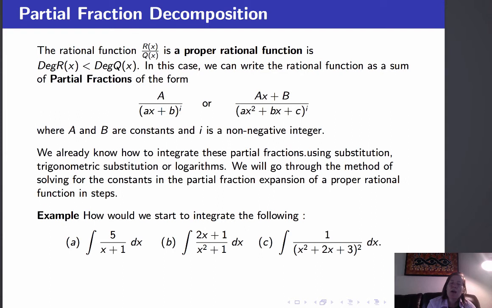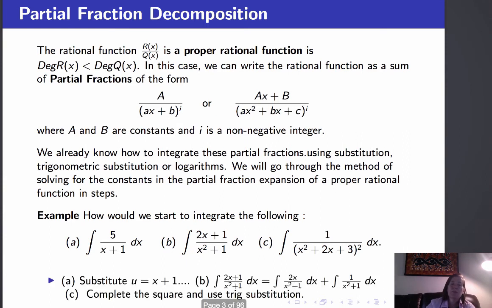Here are three examples. Suppose we ended up with three partial fractions of the form shown in A, B, and C. We could integrate using previous methods. For A, we would just use the substitution u equals x minus 1, and the integral is a logarithm. For B, I could break this up into 2x over x squared plus 1 plus 1 over x squared plus 1.